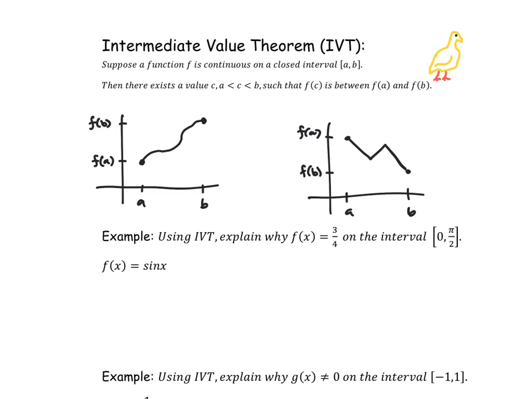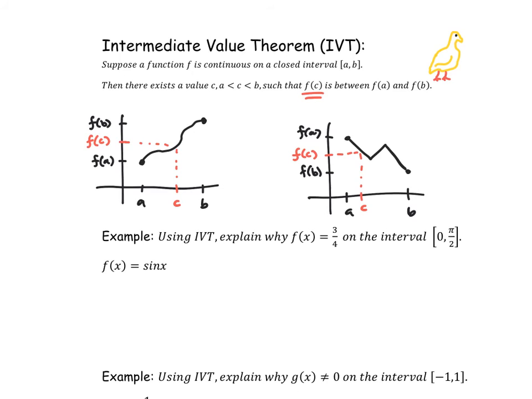Right? If I pick a value in between, c, that output for that value, okay, f of c, we're guaranteed that there will be at least one value in between those two, okay, in between those two.